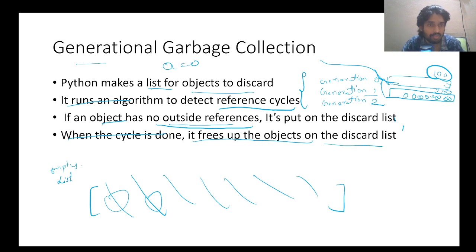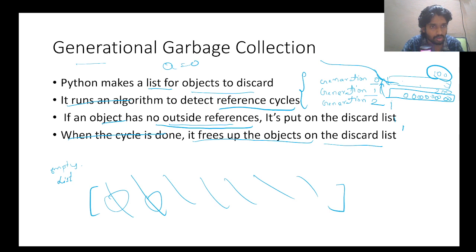When Python is running an algorithm for generation 0, it doesn't have any younger generation, so only for this generation the algorithm will be run. But generation 1 has a younger generation called generation 0, so the algorithm will be run for this generation and also for generation 0.